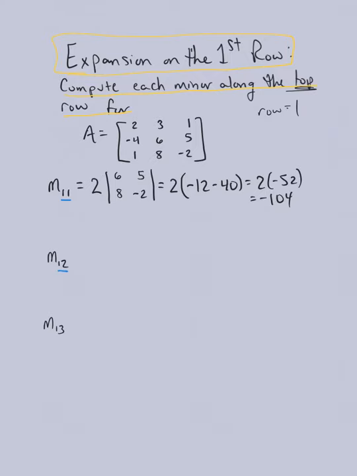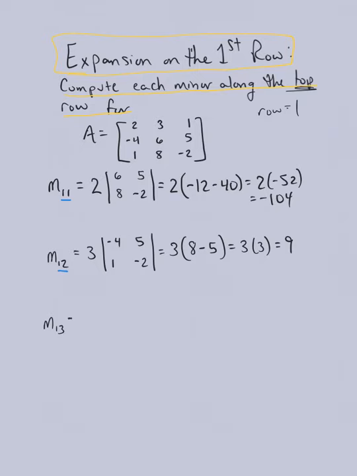All right, and so I'm going to compute 3 times, and then its minor determinant is negative 4, 5, 1, negative 2. So I have 3 times, I do the cross product, so I'm going to have positive 8 minus 5, which is 3 times 3, which is 9. And there's a method to this madness. We'll see why in just a minute.